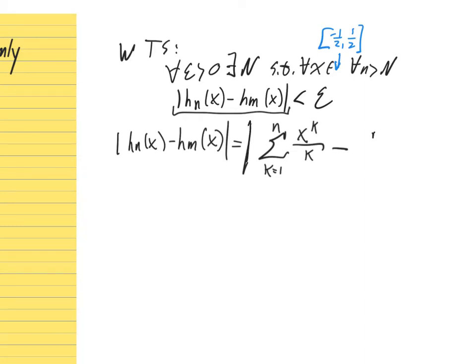Well, I know what h sub m of x is. It's the sum from k equals 1 up to m of x to the k divided by k. Oh, nope, no factorial there.